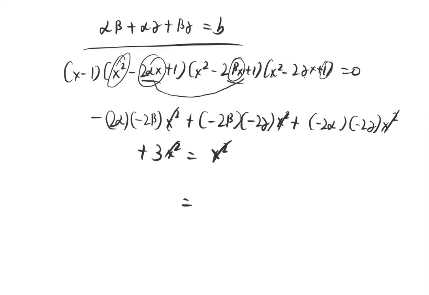So we have 3 over negative 3 over 4, is it? I think, yeah. So that's basically the value of b. Let me just write this out first. Yeah, that's basically the value of b.